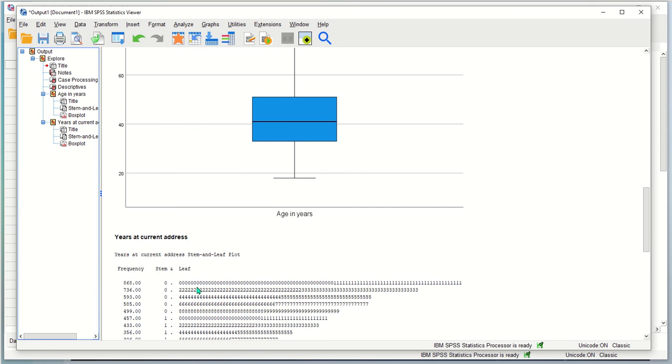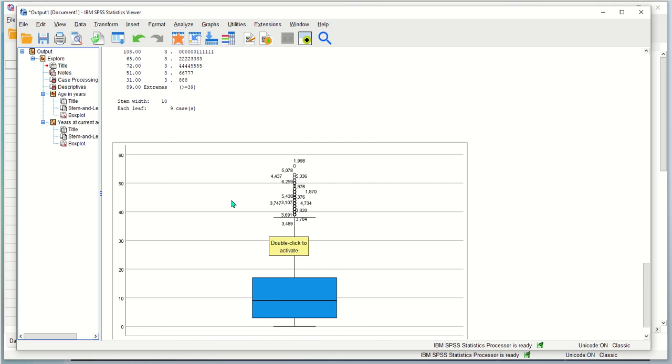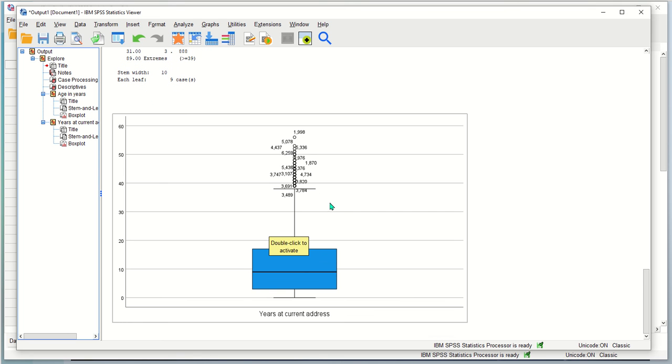But if you turn this one right side up, it would be skewed. And you can see here with this box plot, it is indicating that there are outliers. These little circles indicate which cases are falling into extreme scores.